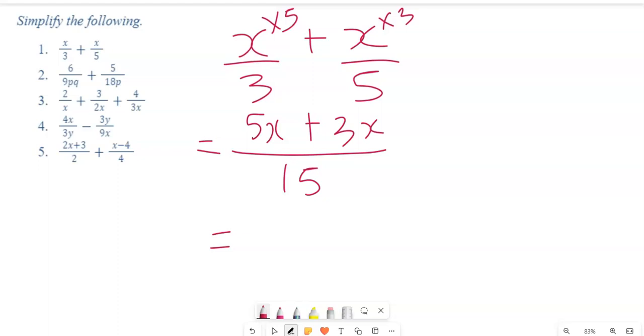Remember, when you add like terms, you do not change the powers. You simply add the coefficients and you keep that variable. So 5x plus 3x is going to be 8x divided by 15. Easy, right?